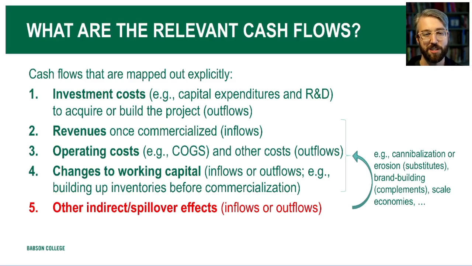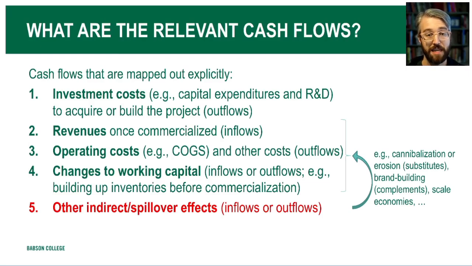So if new business cannibalizes or erodes, typically by being a substitute for some of the firm's existing lines of business, we're going to need to think about those offsets or those negative spillover effects on the firm's existing cash flow. On the other hand, the new project may be associated with complementarity with some of the firm's existing products.